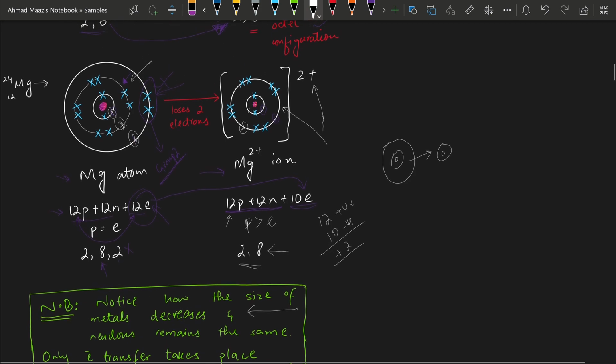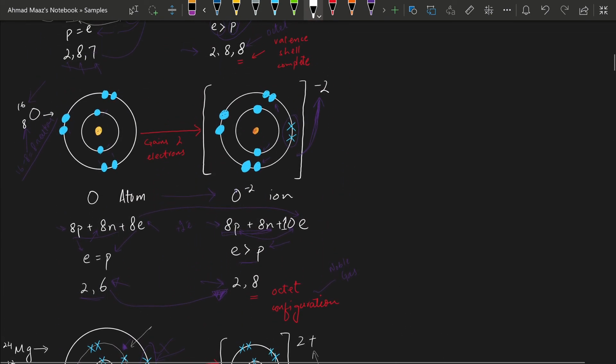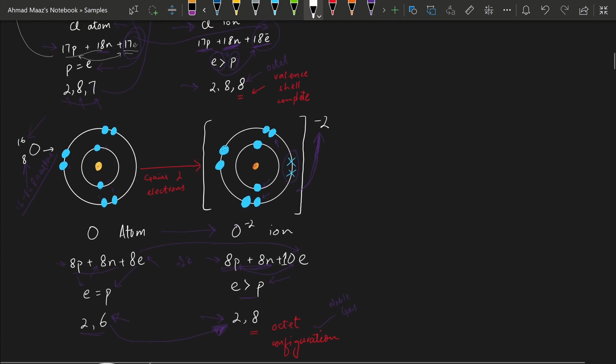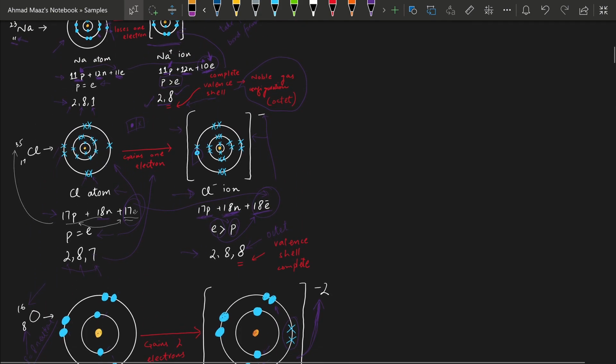This is not the case in non-metals because they add electrons in their existing shells. There were 6 electrons and 2 shells, and then there were 8 electrons, but the number of shells was again 2. It was unchanged. Similarly, in case of chlorine, there were 3 shells in the chlorine atom, and again there were 3 shells in the chlorine ion.